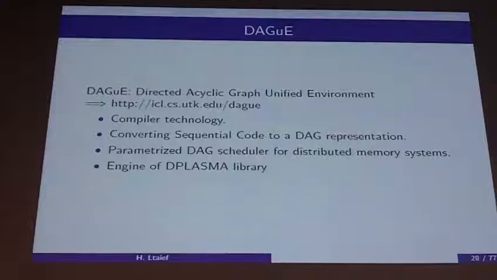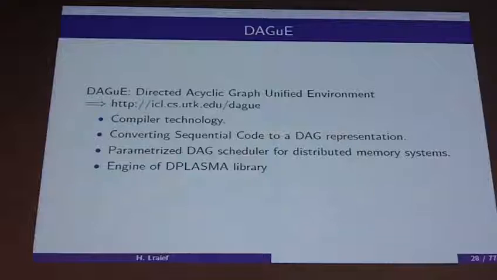Because what I mentioned, QUARK, SMPSs, and StarPU right now, they only focus on shared memory. Okay, so the DAG framework is going to tackle the hard, distributed system, but again, the way they approach it, they look at the sequential code. Their starting point is the sequential code.